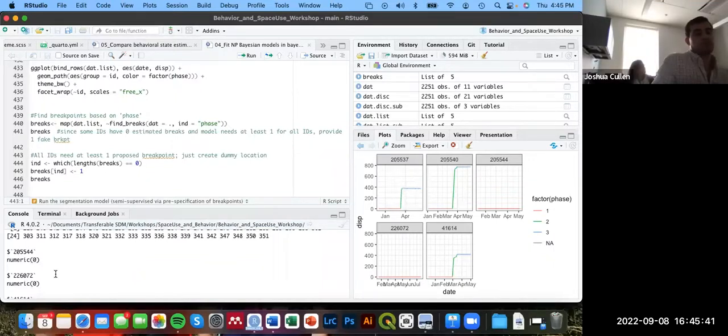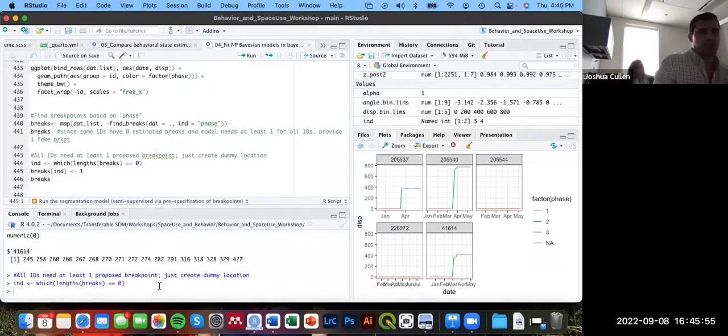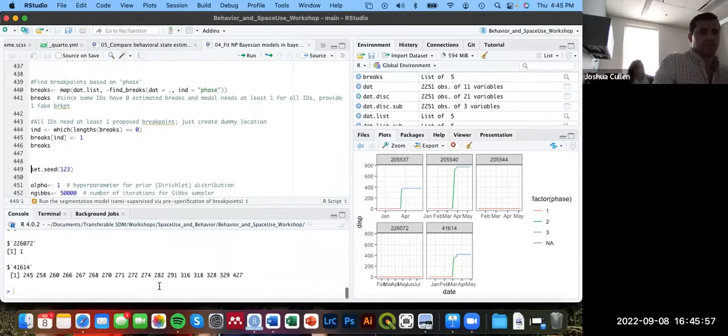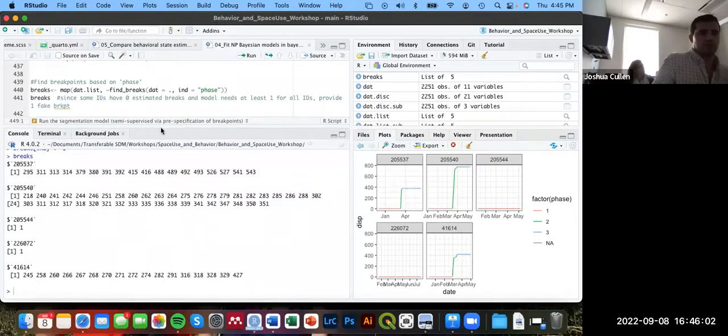This could be any number, up to the total number of rows, the number of observations, for that individual. Ideally, something at the very beginning or the very end of the track. So in this case, I'm giving it the value of 1. Now our 2 resident individuals have 1 breakpoint, which I've labeled 1 for the index.